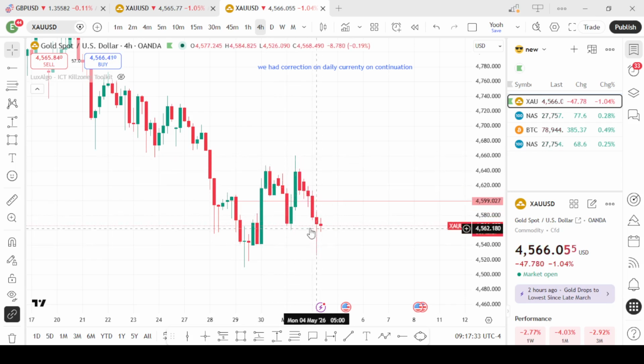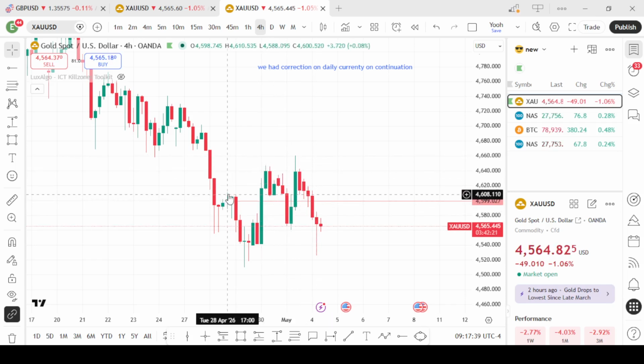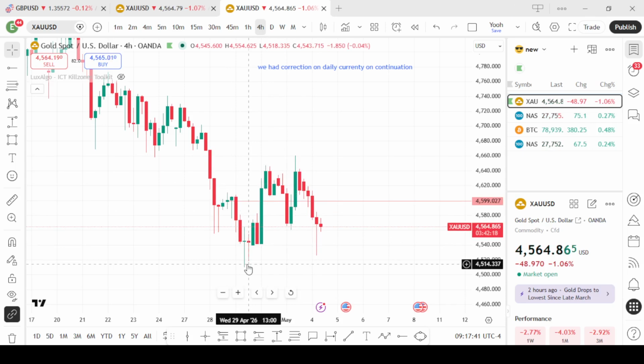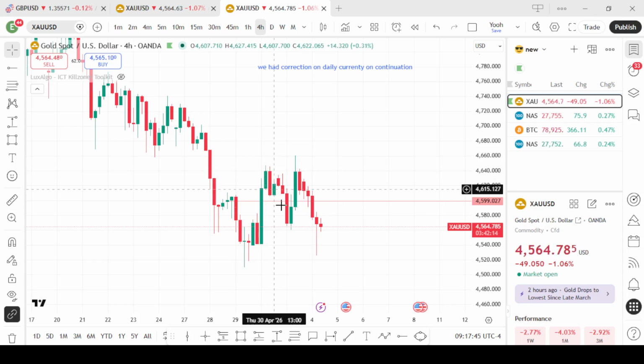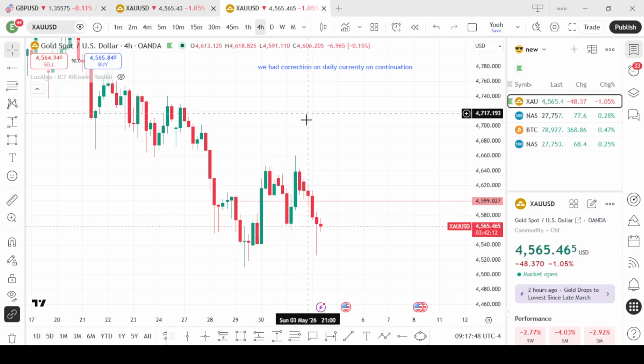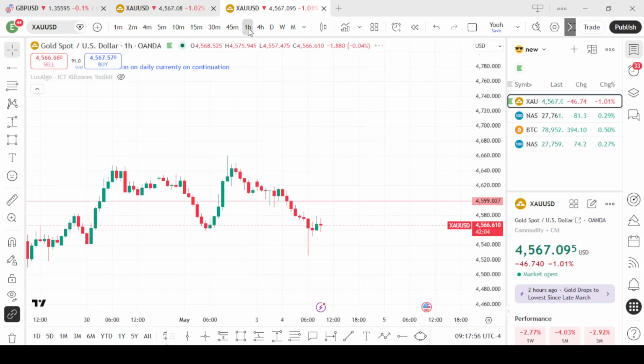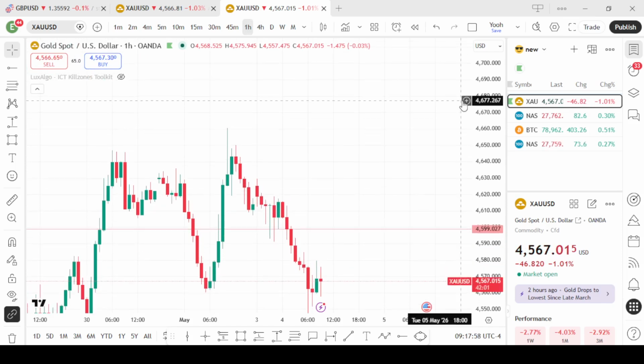Now we are forming our lower low. See, lower high, lower low, higher high, higher low, higher high, lower low. So this is our indication that most probably we are resuming our trend.